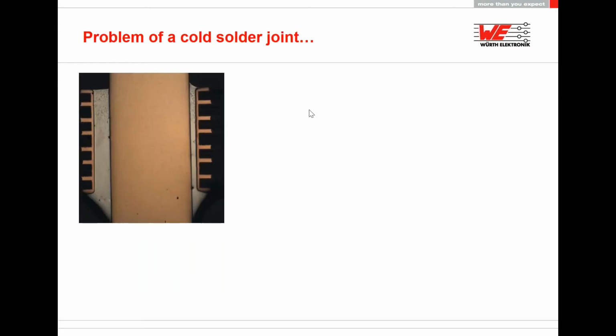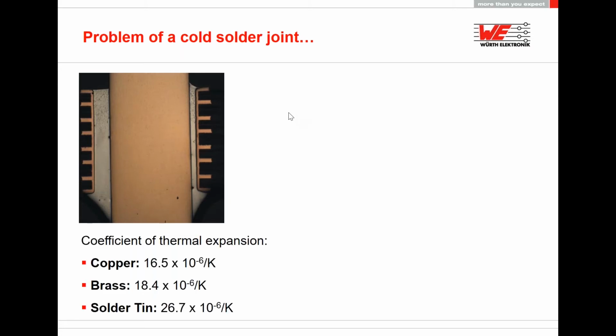And the problem with the solder joint is that during current transfer we have a high expansion of materials, especially if we get a lot of heat into the solder joint. We also have really high expansion due to high cross sections of the materials.